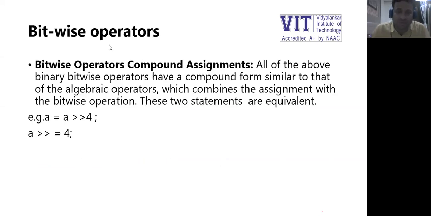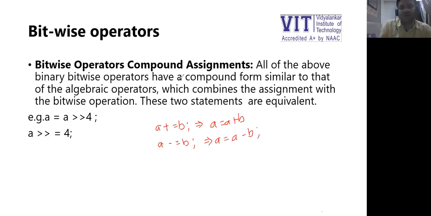Then we have compound operators. Compound operator simply means that if I'm saying A plus equal to B, it will be A equal to A plus B. If I say A minus equal to B, it will be A equals A minus B, and so on.